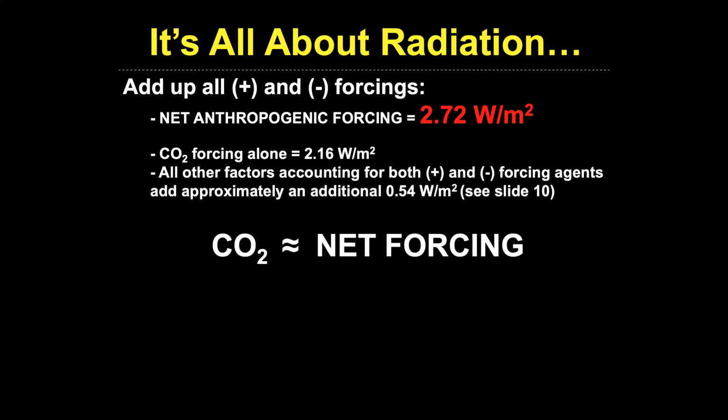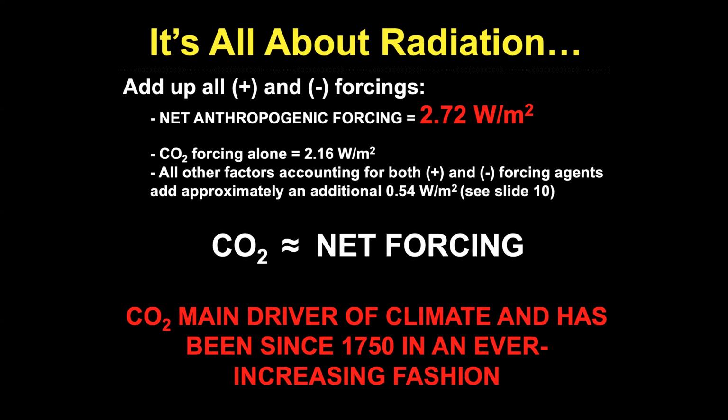So CO2 is approximately equal to the net forcing taking place in the atmosphere. CO2 by association is the main driver of climate and has been since 1750 in an ever-increasing fashion. And it will continue to be for the next few decades at the very least.